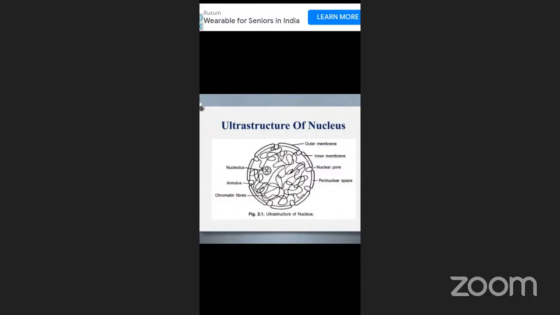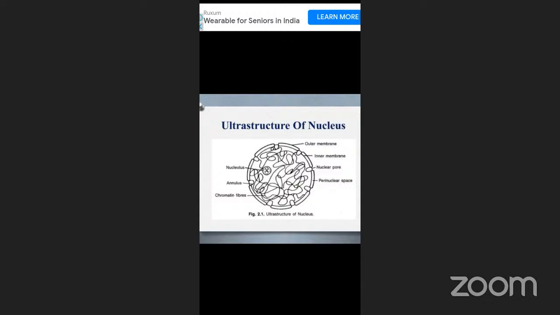The nucleolus present in the nucleus plays an important role in the synthesis of ribosomes. In the nucleus, DNA replication and RNA transcription take place. So the nucleus controls all the metabolic activity of the plant cell.